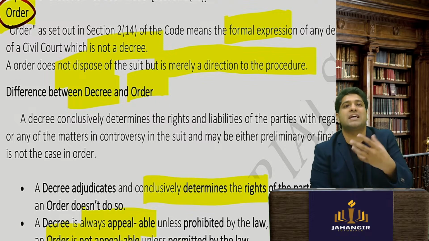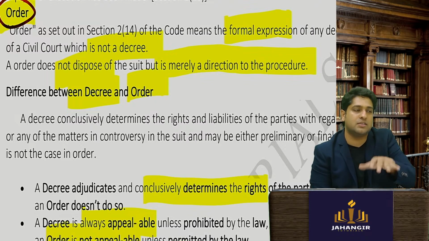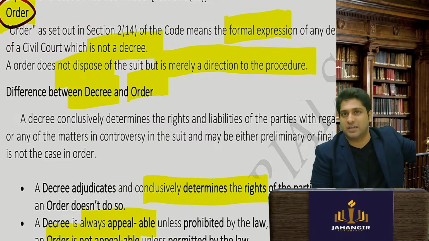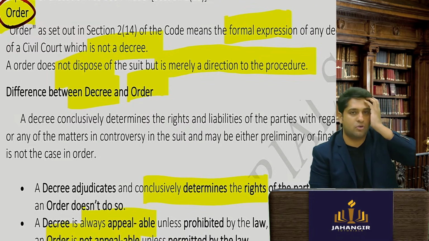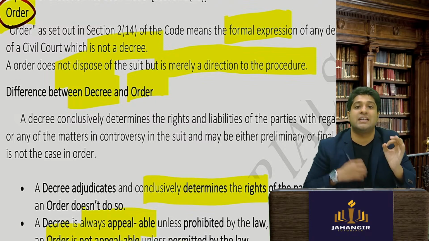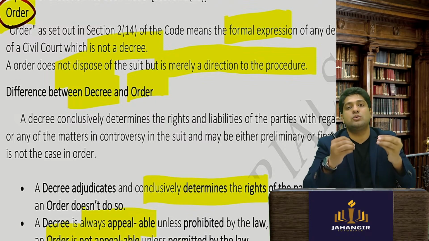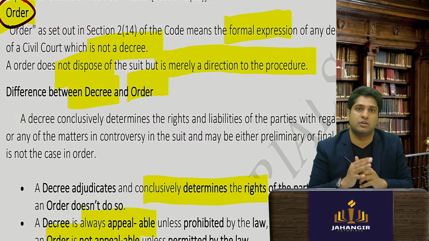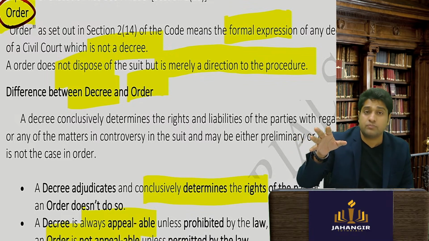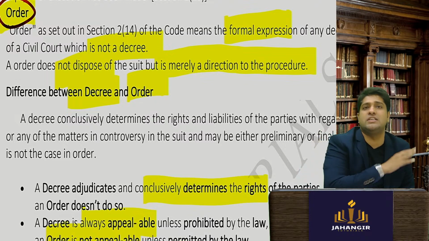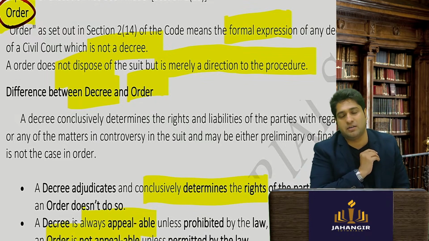So here we are not deciding, but so that there is a smooth functioning of the case, the court passes some orders. So does the court decide the rights of the parties? Answer is no. It is only a direction of the court with respect to a procedure. So it's a procedural aspect.